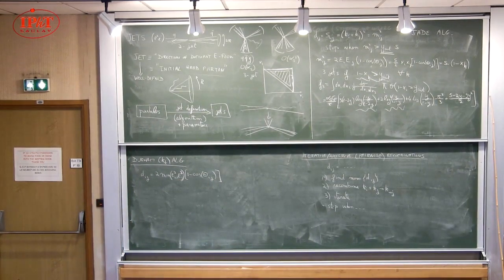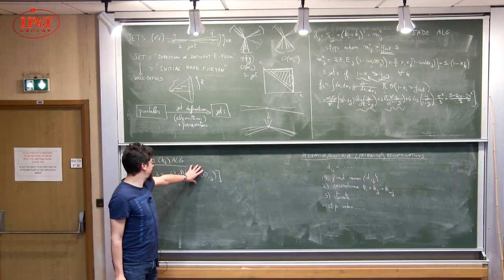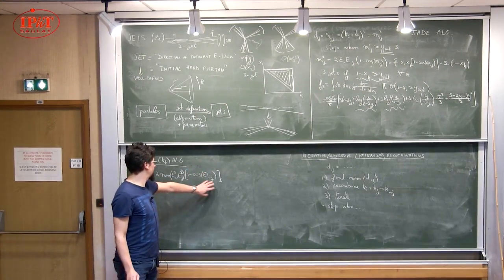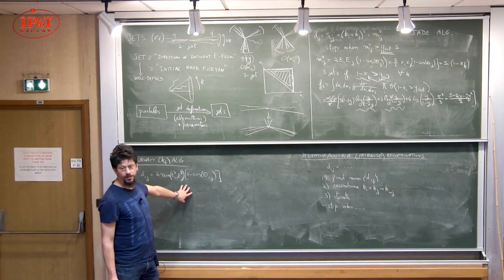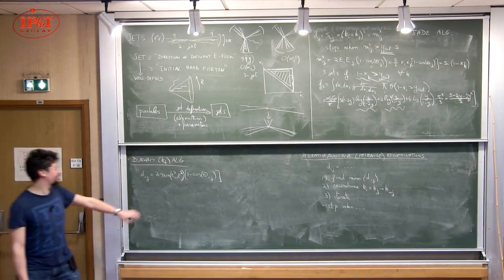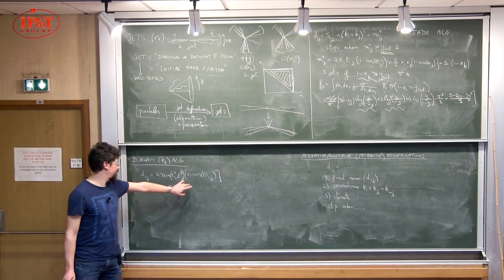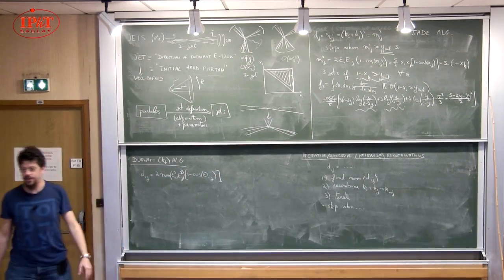So, is this infrared and collinear safe? Well, for the collinear part, again, if an angle becomes small, this factor goes to 0, and so you expect the distance to go to 0 in the limit where the angle goes to 0.